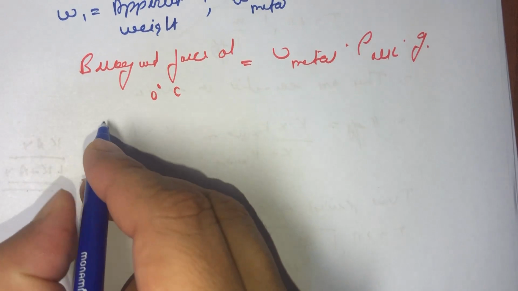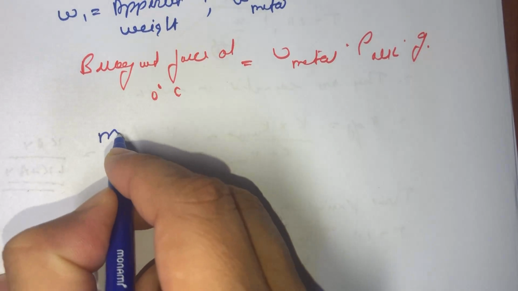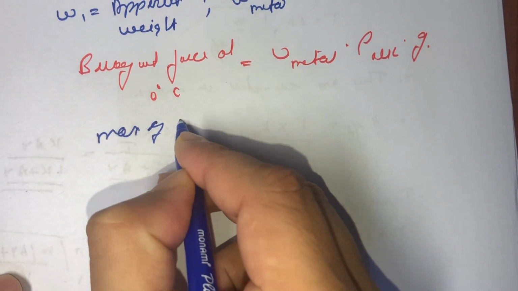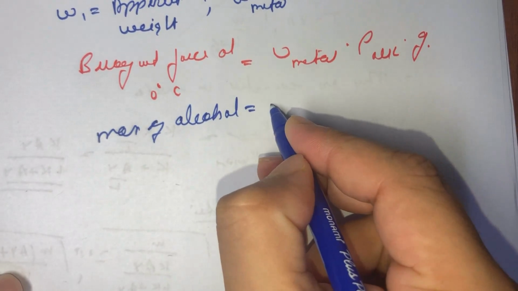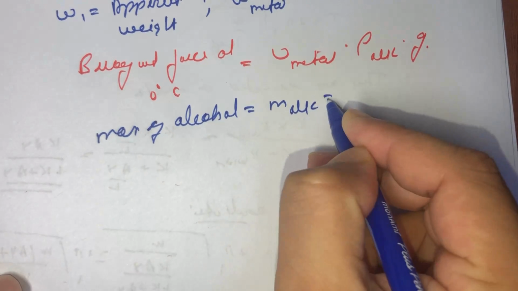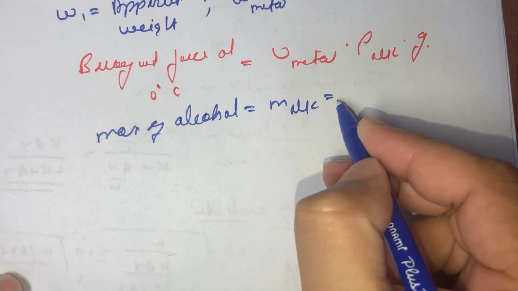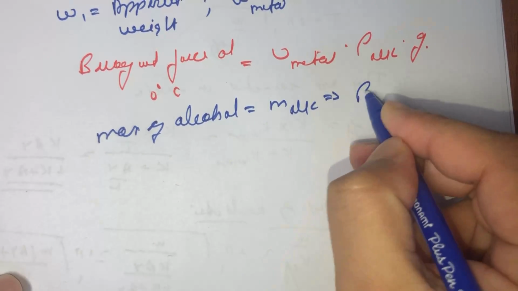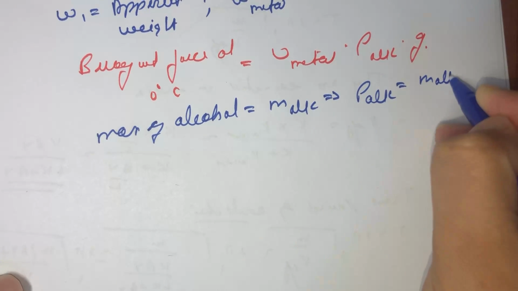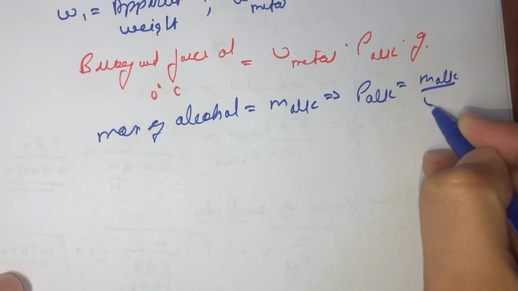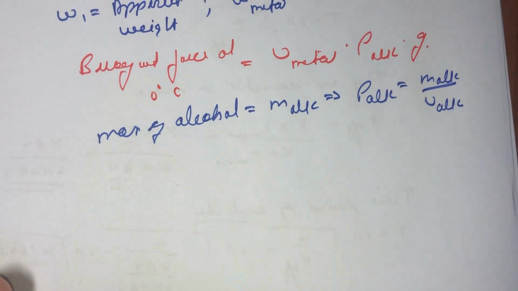So density of alcohol will be equal to mass of alcohol divided by volume of alcohol.